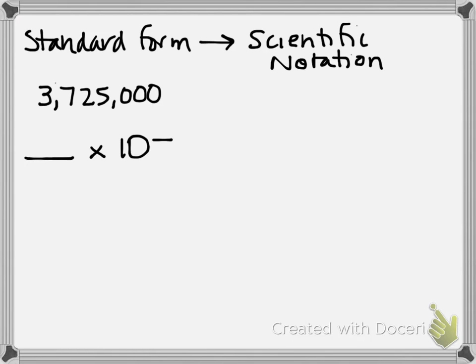So what decimal would I get from 3,725,000? Remembering what my rules say about scientific notation is the decimal has to be between 1 and 10. What would I be putting in the blank? Oh, certainly more than one person must have an idea. Breck?